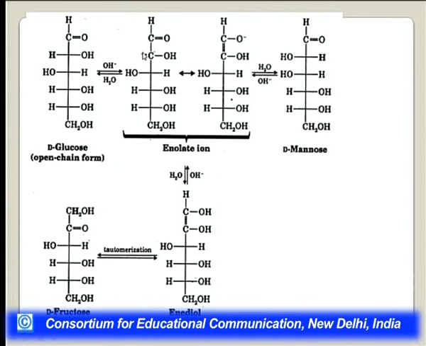This electron pair gets shifted to this, and these pi electrons get shifted to the carbonyl oxygen, which is more electronegative than carbon. So it acquires a negative charge, and this single bond gets doubled. These are the isomers, the enolate ions. And on hydrolysis, you get D-mannose. This is one reaction.